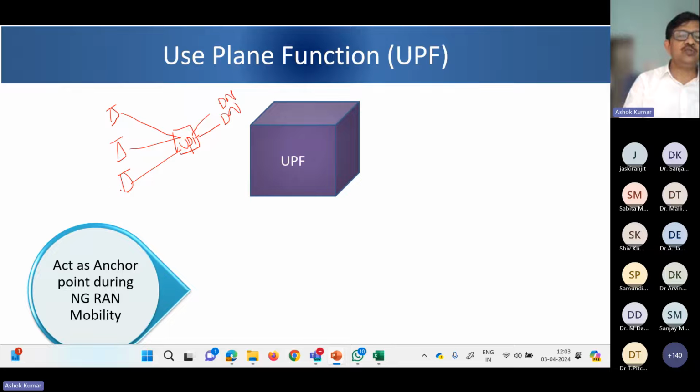So when a user moves from this to this or this to this, the anchor point is UPF, because UPF is not changing. I have moved from one gNodeB to other gNodeB and vice versa, but my UPF remains same, only path switching is happening. So that's why we are saying that UPF acts as anchor point during NG RAN mobility from one gNodeB to other gNodeB mobility.